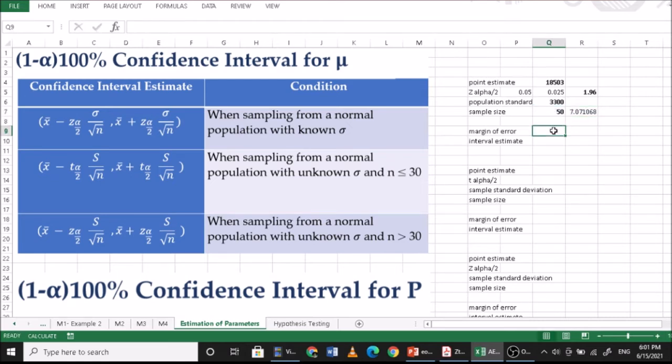Then the margin of error is equal to z alpha over 2, which is 1.96, times sigma, which is 3,300, divided by your square root of n. Okay, so these three are chosen and then equal. So the margin of error is now 914.71.